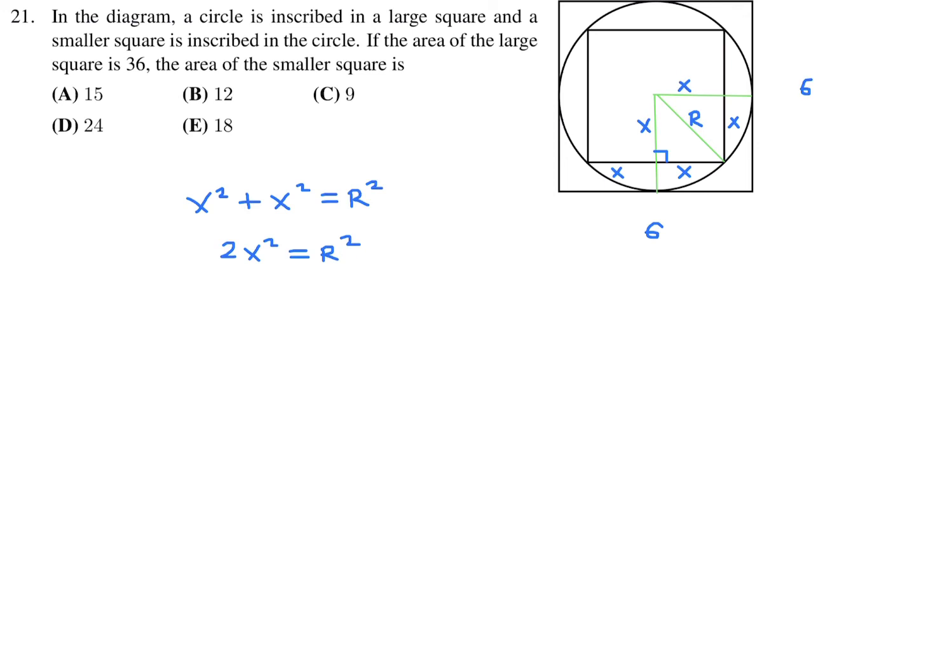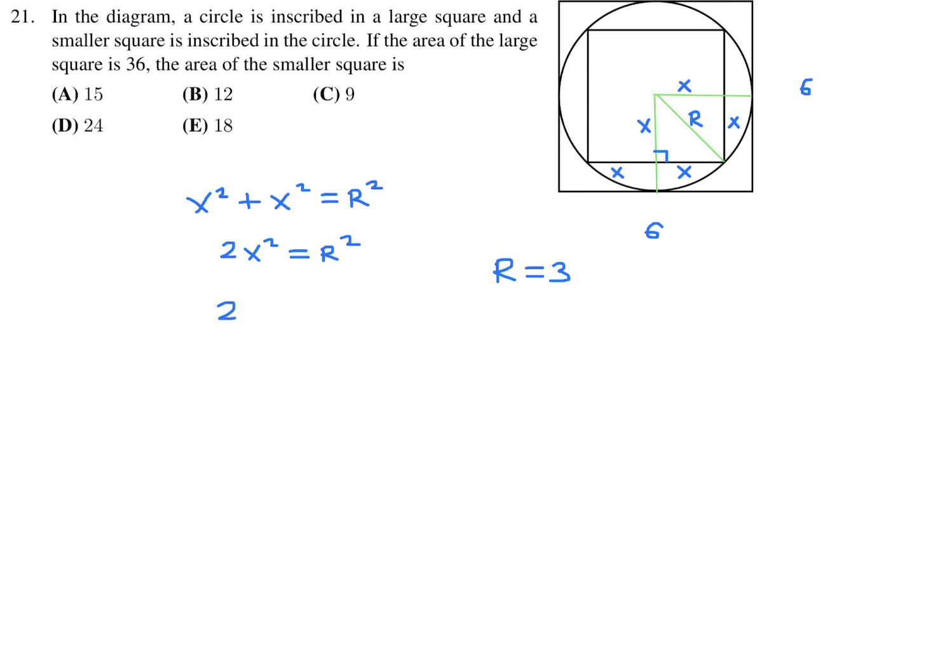Now, what's important to recognize is that if that's 6, then what's this distance from the center down? That distance is 3, so that essentially means that r is 3, correct? Because from here all the way down to here is the radius of that circle.